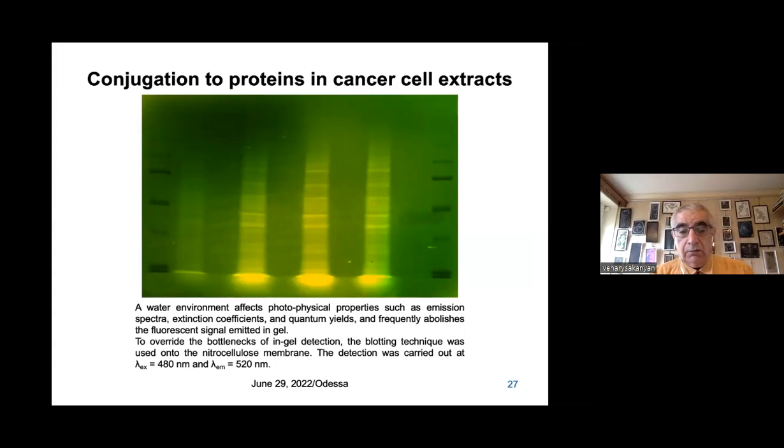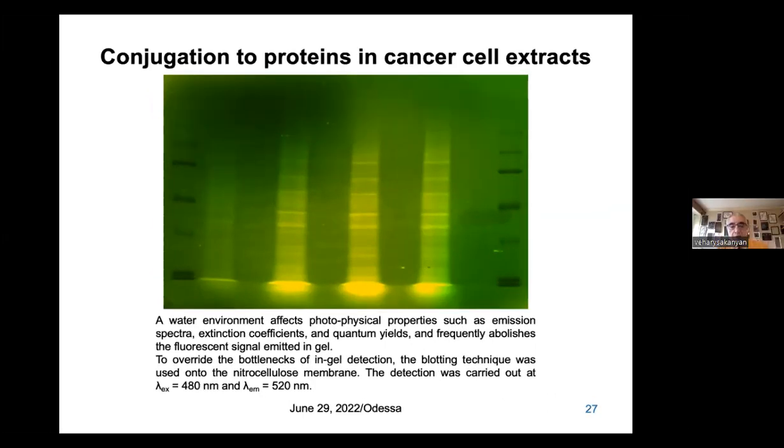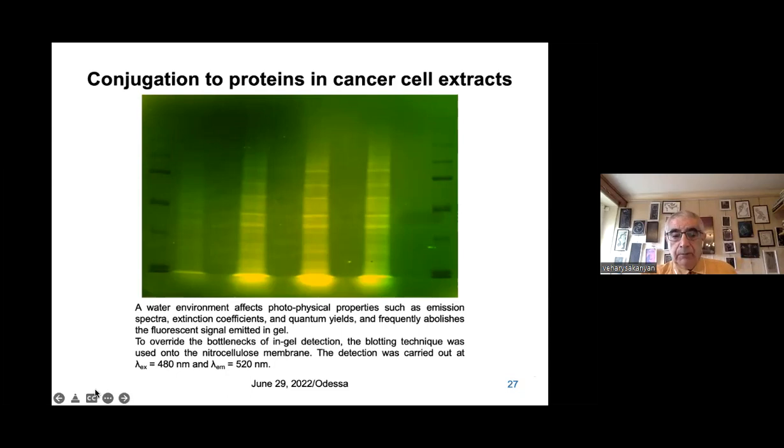To avoid this problem, we transferred the proteins from the gels to a membrane. It is not a Western blot. We simply use a similar approach to the one suggested for Western blotting: transfer the proteins to the membrane and use a special fluorescence detection system.